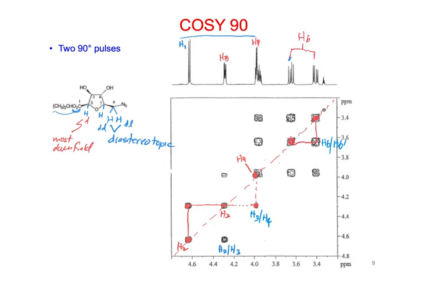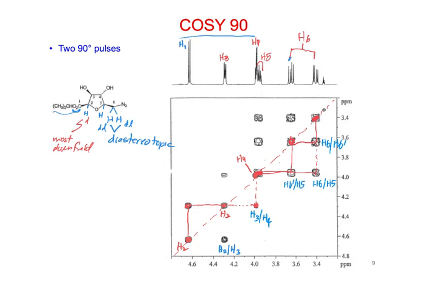And then notice that both of these H6 protons also go out here and across. So this part here has to be H5. So this is H6 and H5, and maybe call this H6 prime and H5.